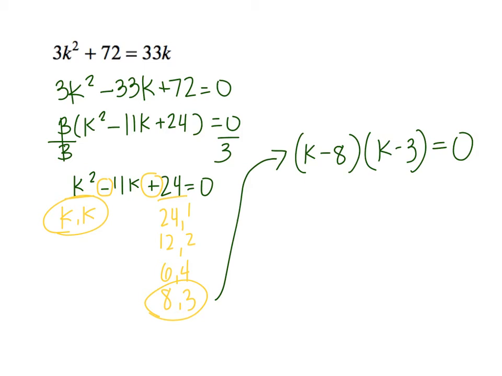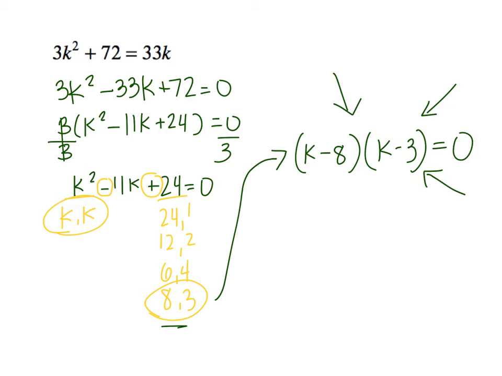So a lot of students, that I've met before, tend to just look at this right here and they'll say, okay, my answer is negative 8 and negative 3. This is not true, okay? This is only for your factoring. Know again that you're going to be changing the sign again once you're solving. So make sure you put it into this factored form first, okay? This is very important, and then solve from there.